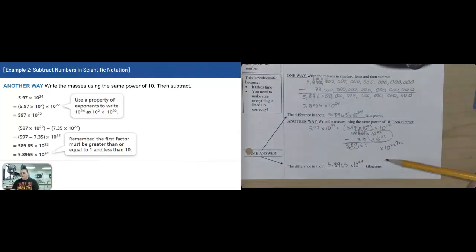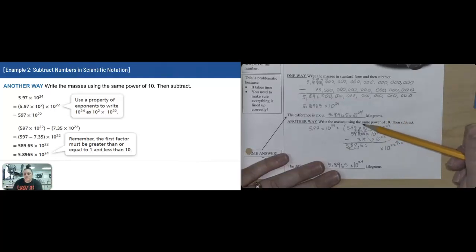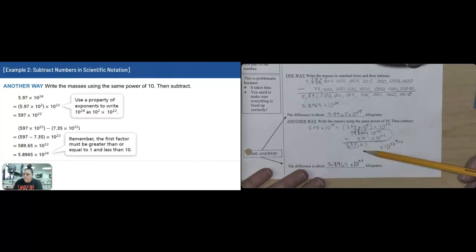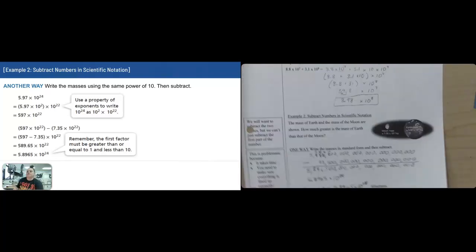Okay? So with my subtracting, I made them have the same exponent or the same power, subtracted the larger from the smaller number, and kept the power of 10. Then I just rewrote my answer in proper scientific notation. When you move that decimal to the left, your power is going to go up.